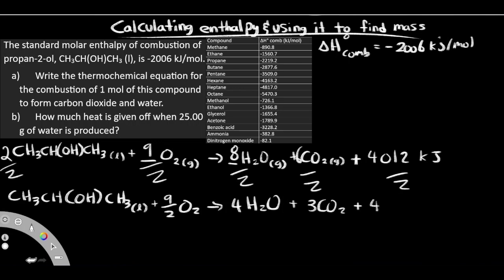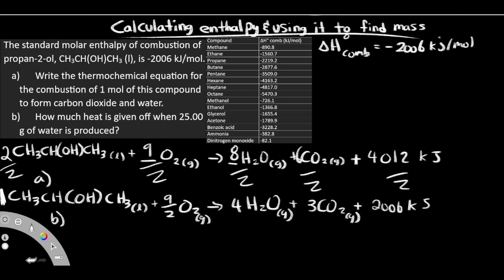Oops, sorry, this one should have been a plus. Kilojoules. Now, we've written out the thermochem equation for the combustion of 1 mole of this compound, right? 1 mole, this is a 1 over here. So we're done. So this is pretty much A.